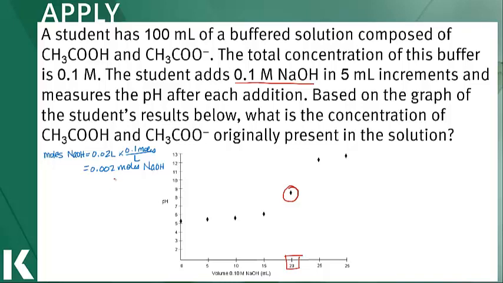Now, if the moles of base have completely neutralized the moles of my acetic acid, that means the moles of my acetic acid must be exactly equal to the moles of sodium hydroxide, thereby telling me that the number of moles of acetic acid is also 0.002 moles.